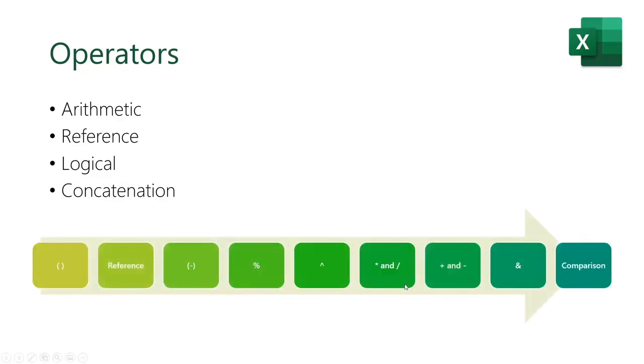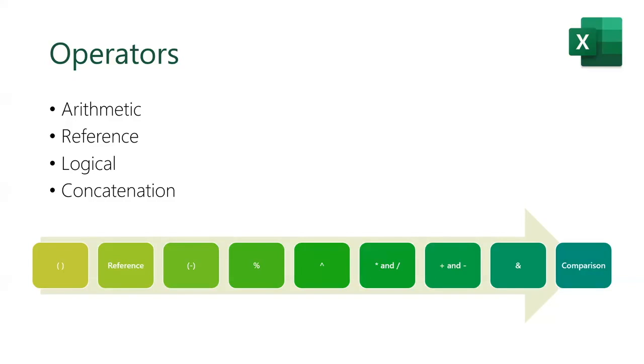Comparison, some of the logical we'll do today, but otherwise logical we will keep more for Monday. In terms of the order of precedence of calculations, this is the order from left to right. Brackets, or parentheses, are performed first, followed by reference, followed by negative number. So a negation does not mean a minus operator, okay? A minus operator is different from a negative operator. For example, you have -1 multiplied by something.